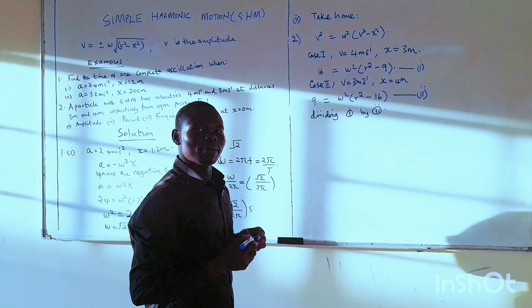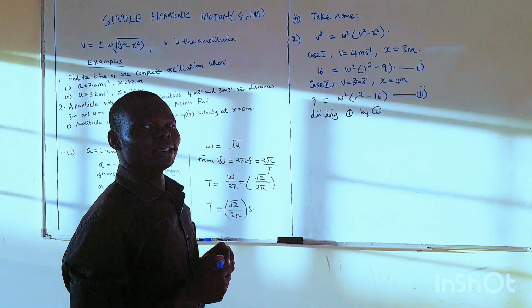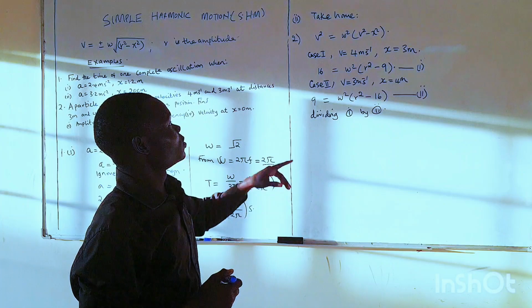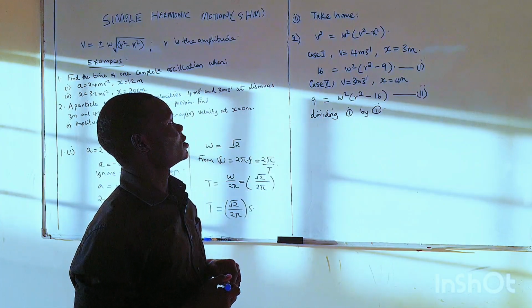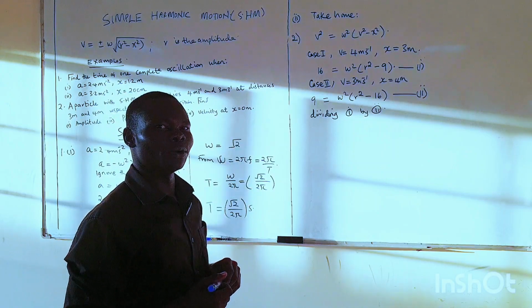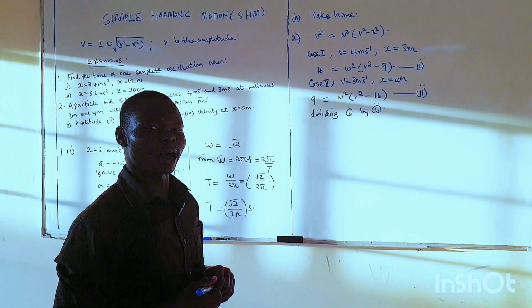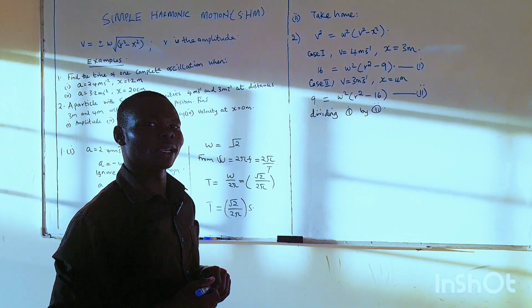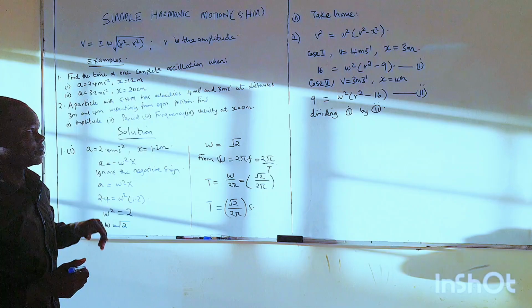Dividing equation 1 by equation 2, we shall have 16 over 9 is equal to that one over that one. And in that case, you will see clearly that omega squared will cancel out, and we shall only remain with a function of r. In that case, we shall get the value of r, which is our question number 1.